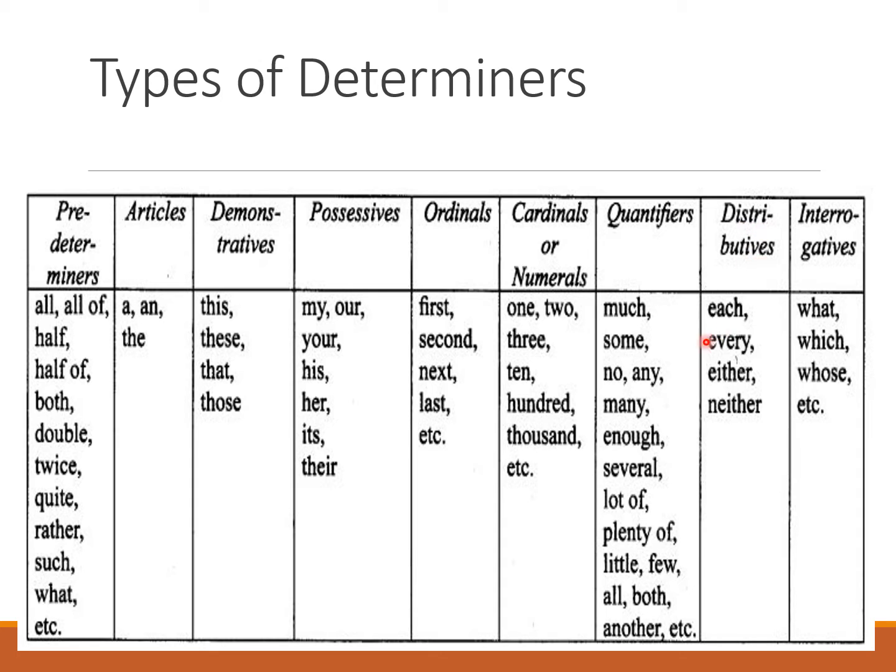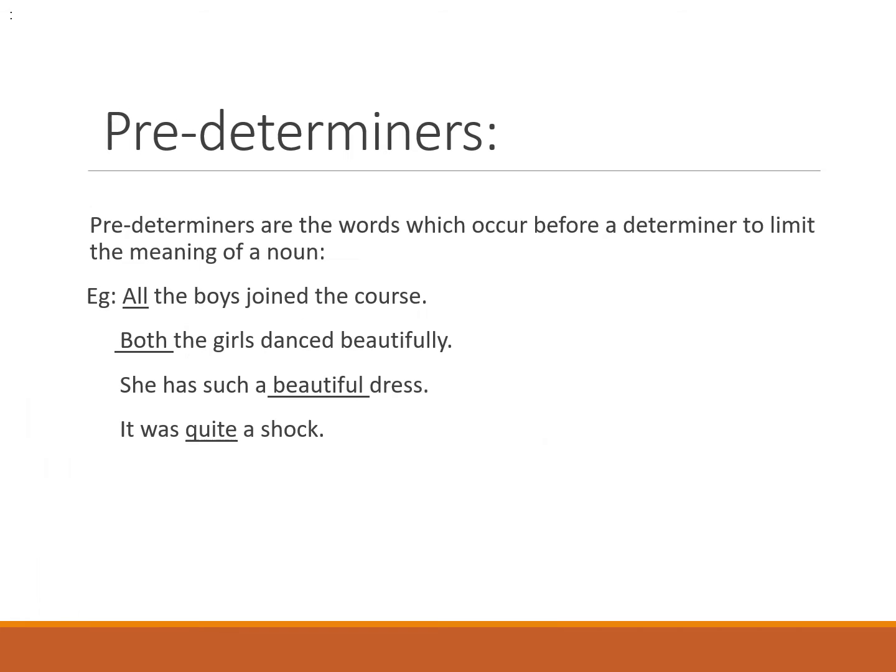Distributives: each, every, either, neither. So these are some of the distributives. Interrogatives, the question words like what, which and whose, are some of the interrogative determiners. Let us see in detail about all the types of determiners.